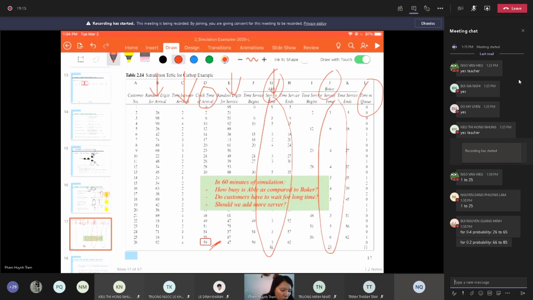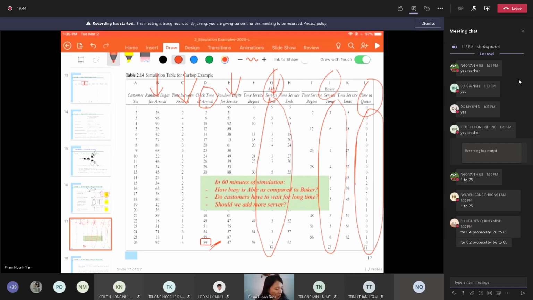We also want to know whether the customers have to wait for long, by looking at the time in queue of the customers, and of course we have to take the average. Then we will answer whether we should add more servers: use 3 servers instead of 2, or whether 1 is just enough.